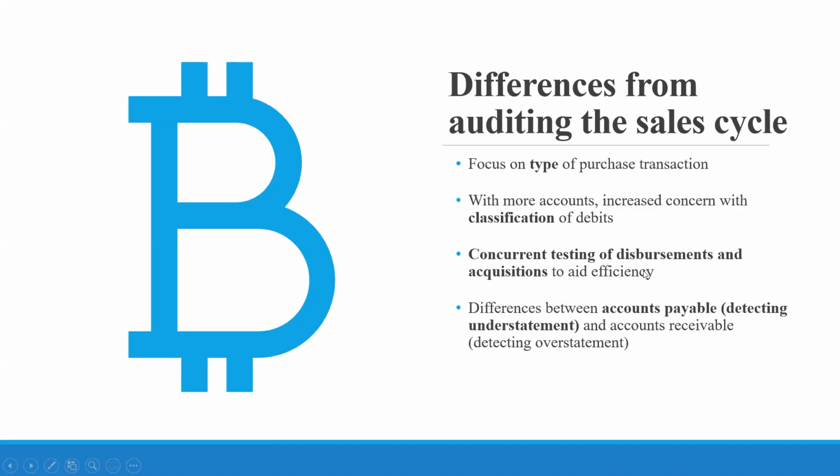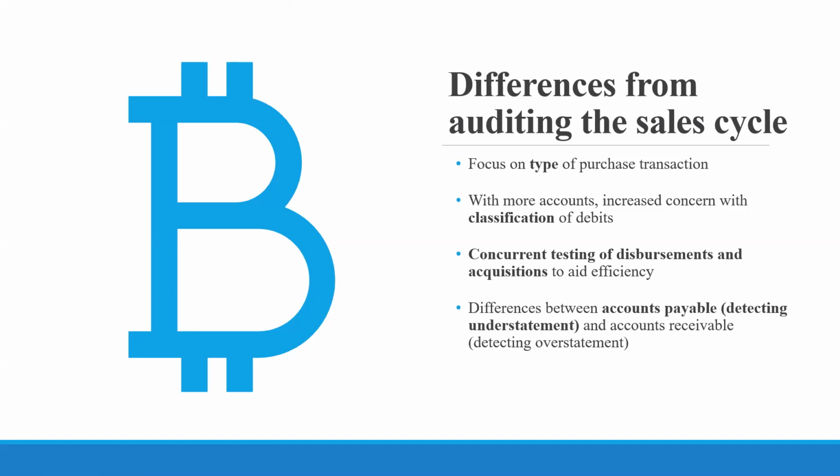Once you receive the goods and recognize the purchase transaction, a normal company will commit to pay the supplier, right? At the point they recognize the purchase, they commit to create the payable to the supplier.